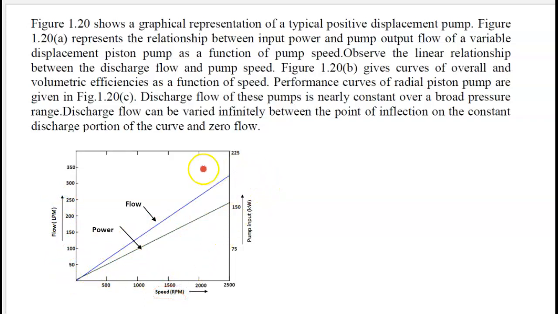And if you have a look at this axis, this is one vertical axis on the left. This is the vertical axis on the right. On the right vertical axis, you can actually see the power input in kilowatts.